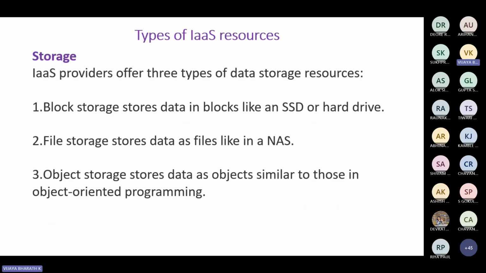When it comes to storage, there are three storage resources they are capable of delivering to the customer. Let's say block storage, which stores data in terms of blocks, for example SSD drives. You would have heard of premium SSD and normal SSD or a standard hard drive.